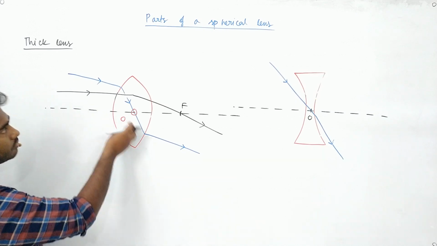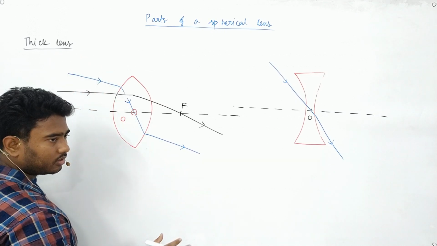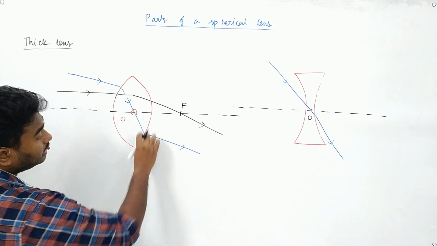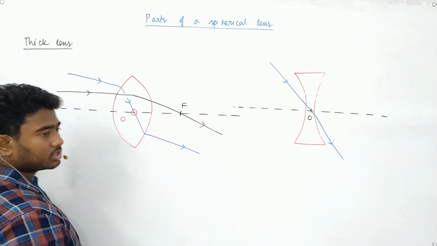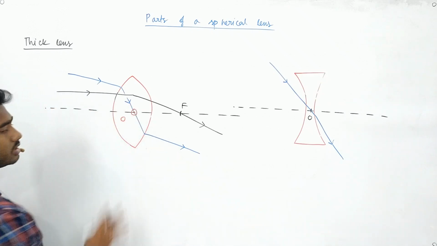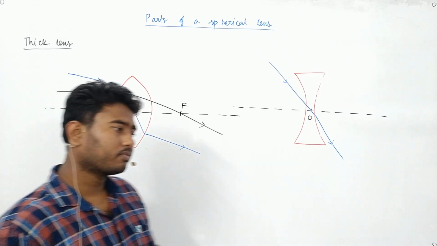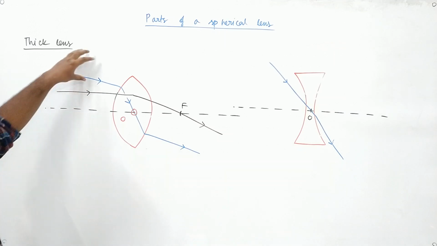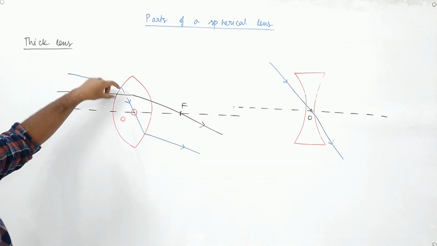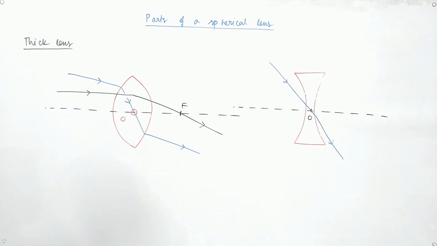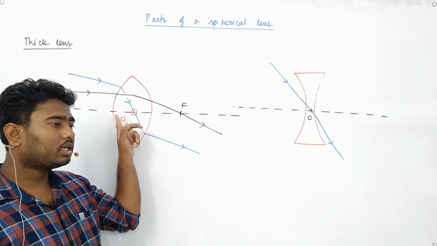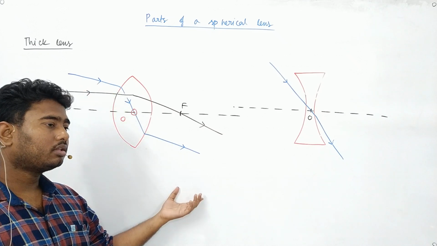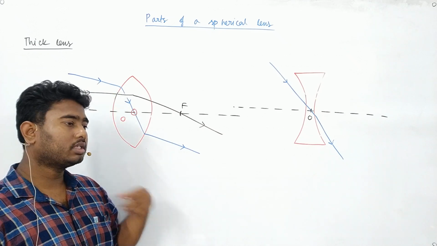The idea of optical center is that when a ray of light comes such that it passes through the principal axis and emerges out parallel to the incident direction, then we will call it a thick lens. Is the idea clear? We will call it a thick lens only when after refraction it will pass through the principal axis inside of the lens, and the two rays will be parallel to each other. Okay?